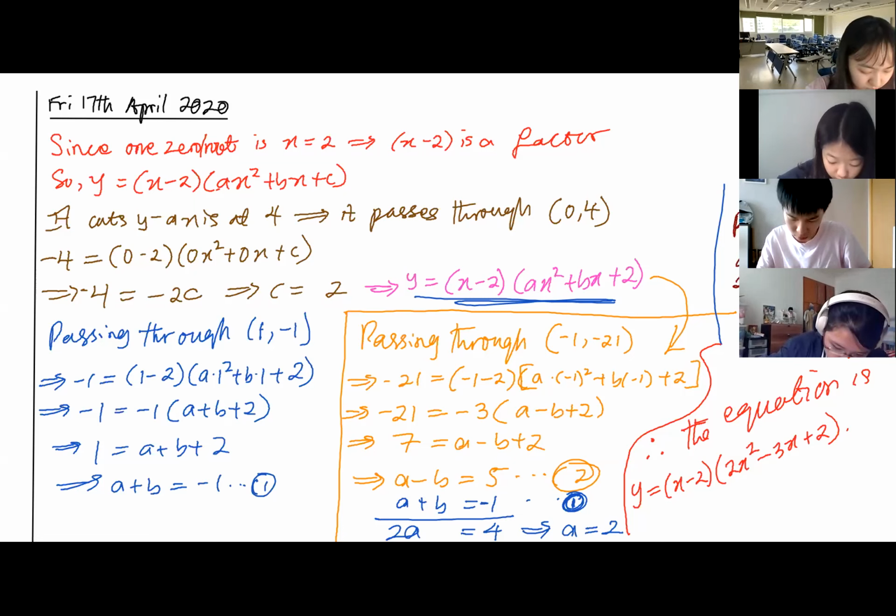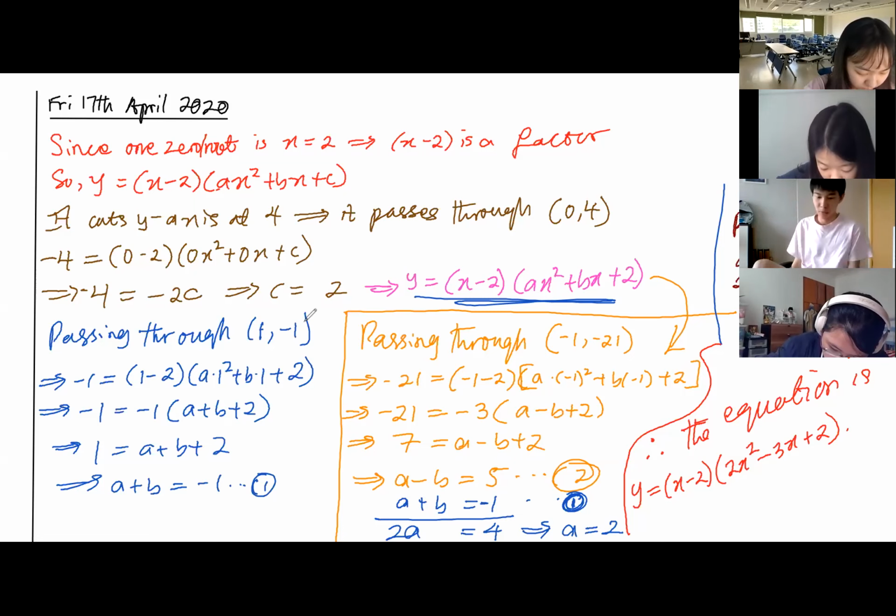I'm going to write on the board again what you need to do. I don't need to go to the next board, so we can write it somewhere in the corner.